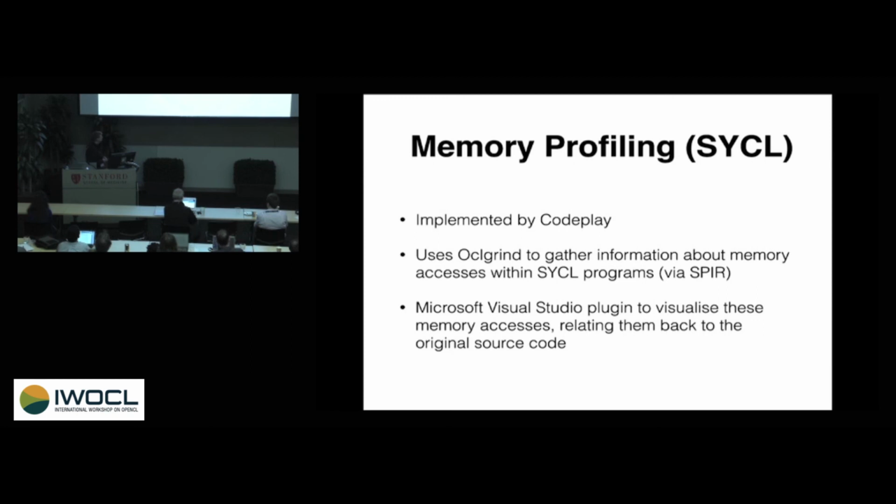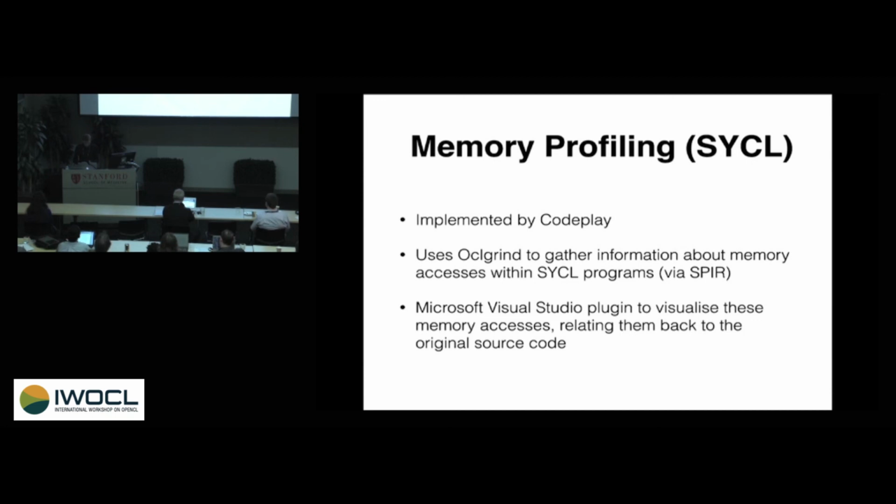And then after the simulation had completed, they took all this information that they had logged and using a Microsoft Visual Studio plugin, you can visualize all of that information in a way that can give the developer some insights about the memory access patterns that their SYCL programs have exhibited, and whether or not certain regions of their SYCL buffers are in local memory or global memory, where it might not be so obvious from the pure SYCL code.